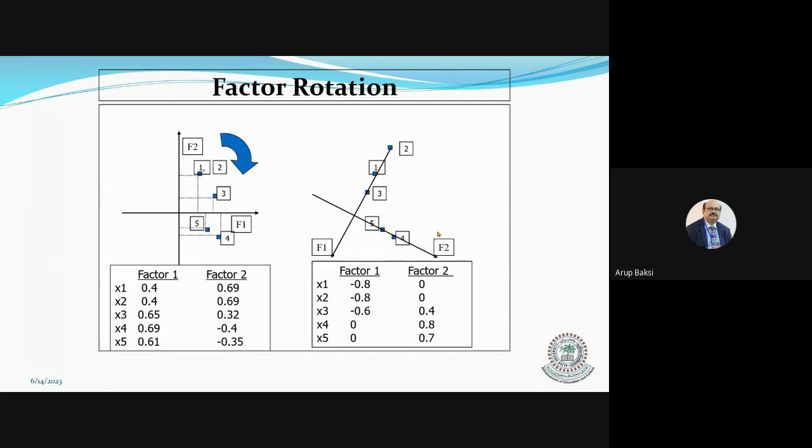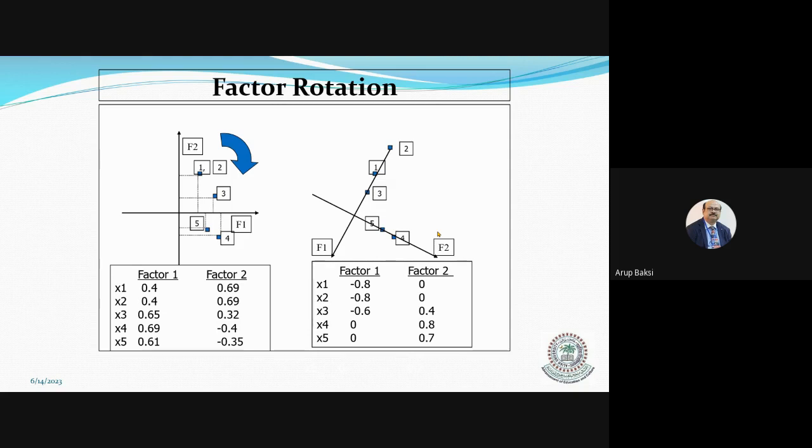Now, you see the difficulty of a researcher. Each and every observed variable has to be assigned very specifically to a single factor. So there cannot be a sharing of an observed variable across multiple factors. But the problem with the model on the left-hand side, where the rotation has not been done, is that the first observed variable x1 is correlated with factor 1 and the correlation coefficient is 0.4.